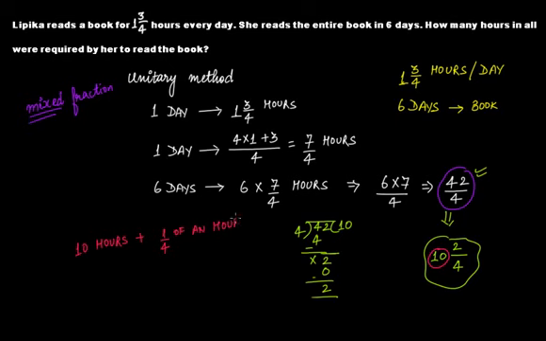Just trying to explain the benefit of writing in the form of a mixed fraction. It explains clearly how many hours she is going to take. This 42 by 4 will not tell exactly that. Here you can know that it's 10 plus something hours, but from this improper fraction you cannot conclude anything. So even this one is also a correct answer. You can write it in this form, but the mixed fraction is much better.